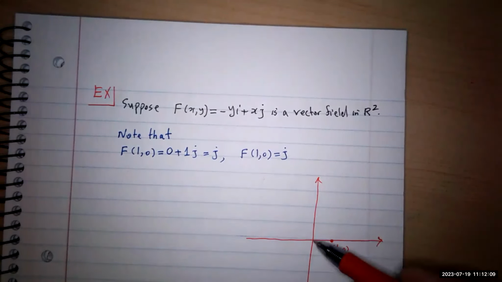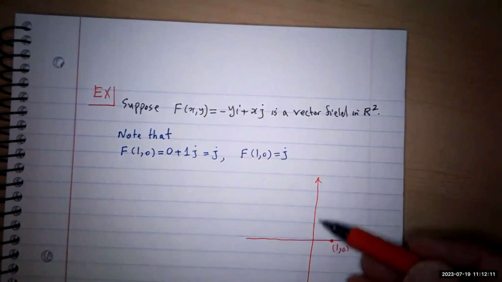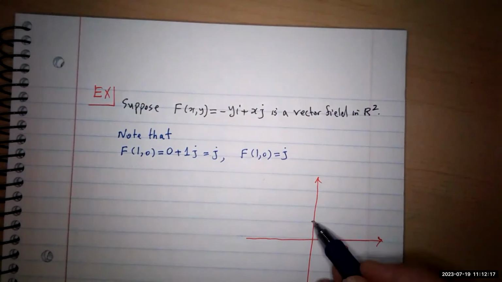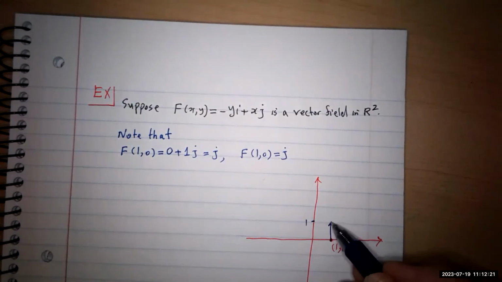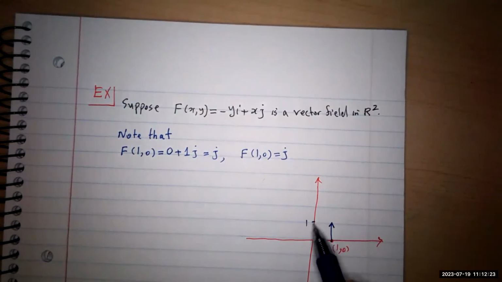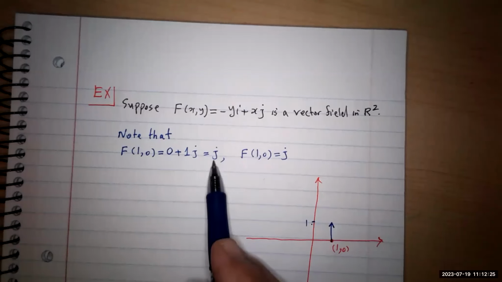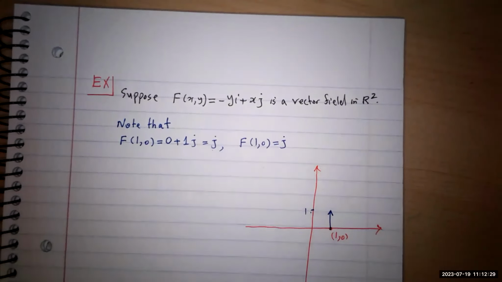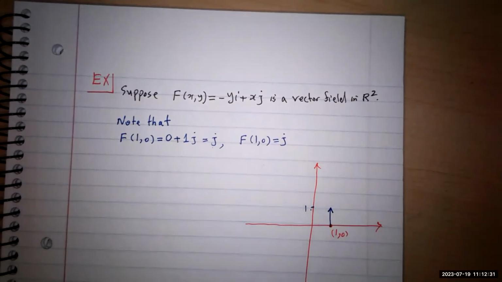You know that the j vector is here. That's going to be your j vector. So this means your direction is going to be up. If this is going to be 1, for example, this is going to be your direction here. This is the vector j. So your direction is going to be parallel to the j vector. This is the way we interpret the result.